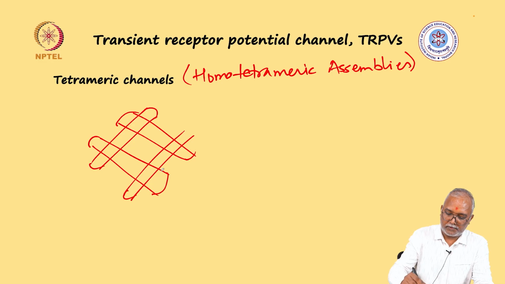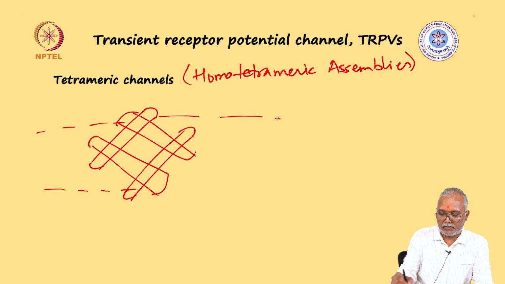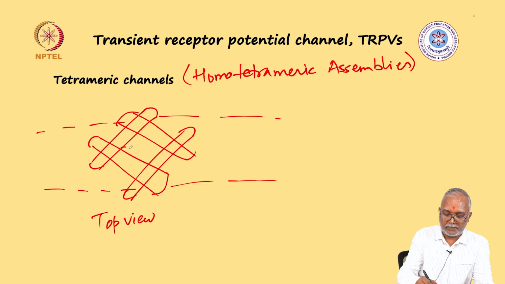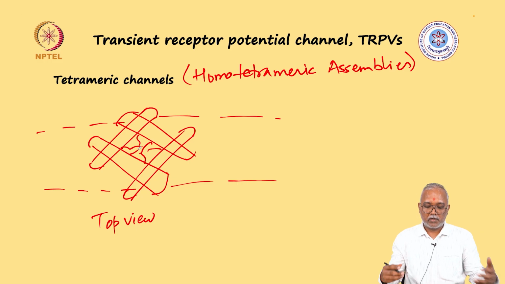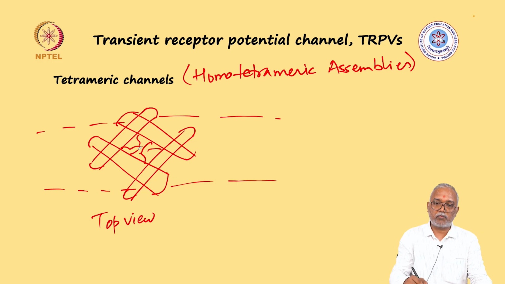Each subunit is represented as one bar here. These are embedded in the membrane, and what we are looking at is the top view. The projections from these individual subunits close the pore, so there is no movement of ions.